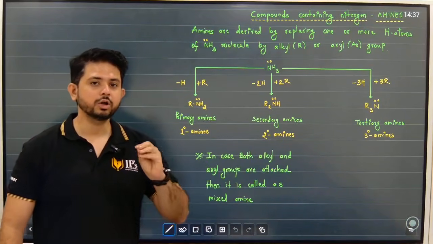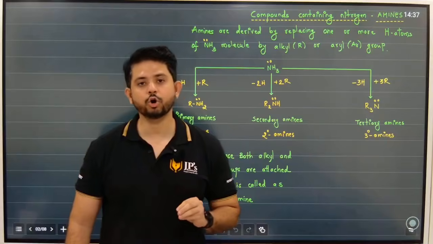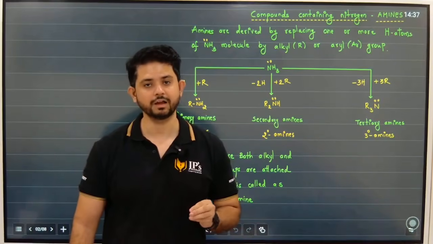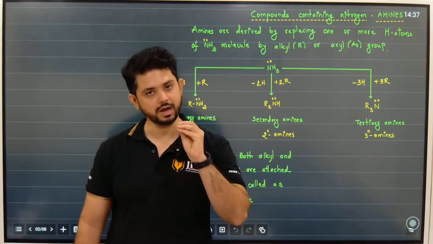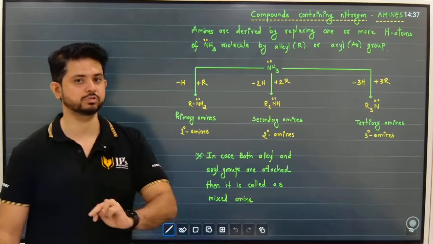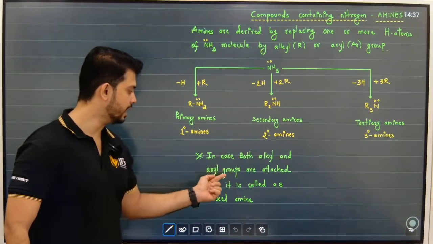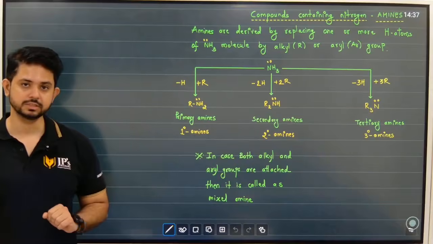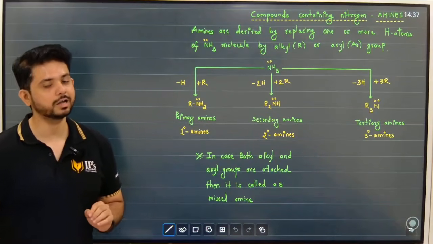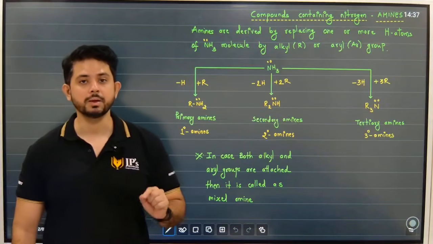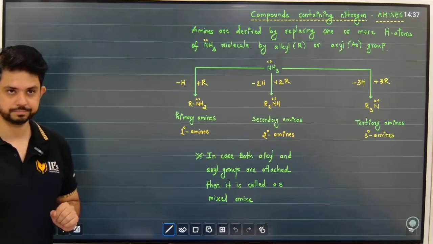Now, students, it is not necessary that all the replacements have to be alkyl groups. They can be aryl groups or mixed. In case both alkyl and aryl groups are attached, such amines are also called mixed amines.